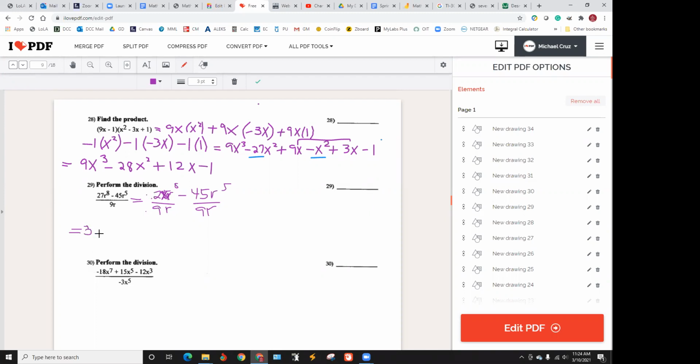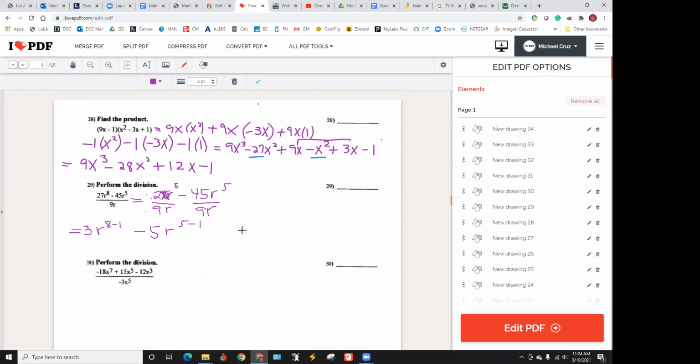And then it's r to the 8 minus 1. I'm trying to take some baby steps here. Make sure I don't make a mistake. And it's a negative sign. And then 45 divided by 9 is 5. And then it's r to the 5 minus 1.